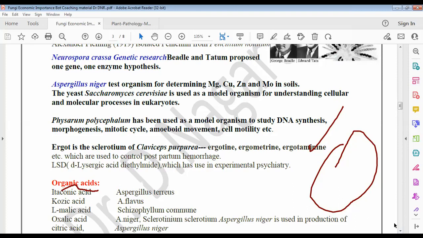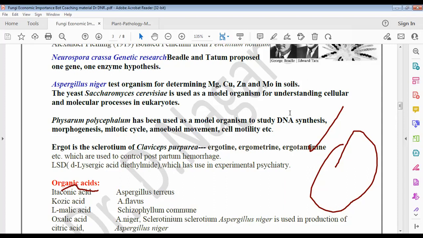And Pisarum is used as a model for DNA synthesis, simple and very less expensive.